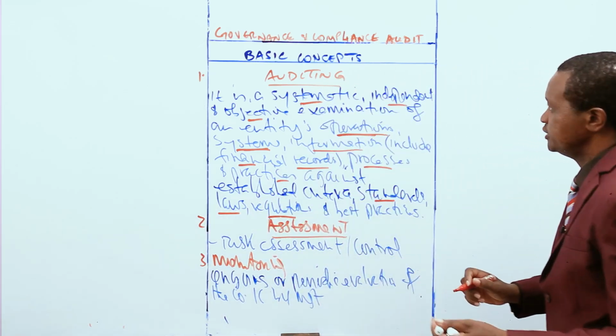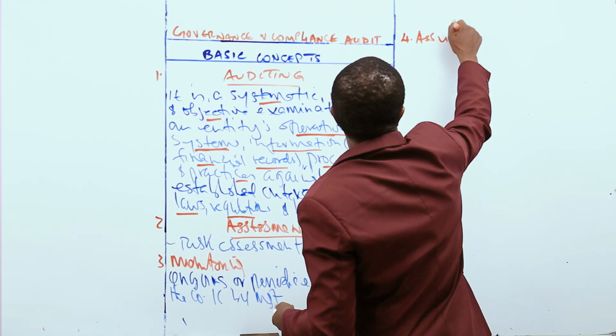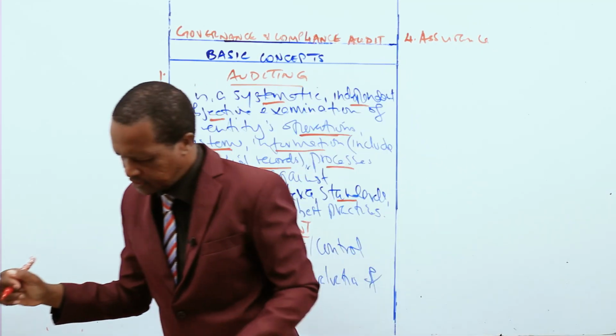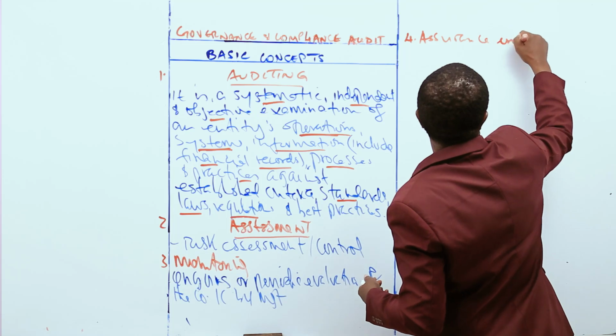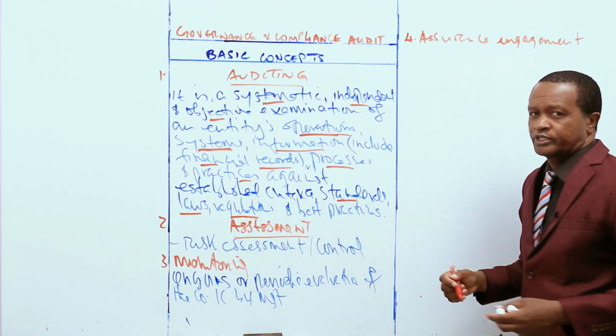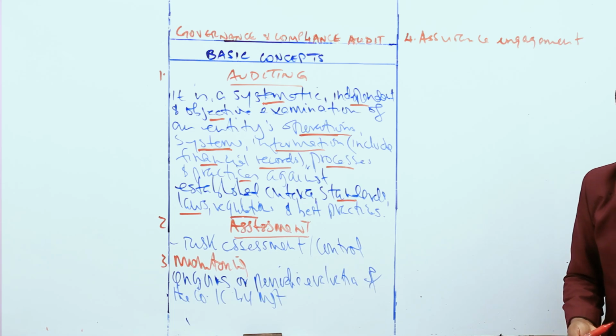Then the fourth concept is assurance engagement, number 4. What is an assurance engagement?